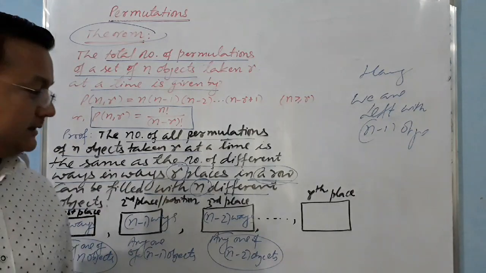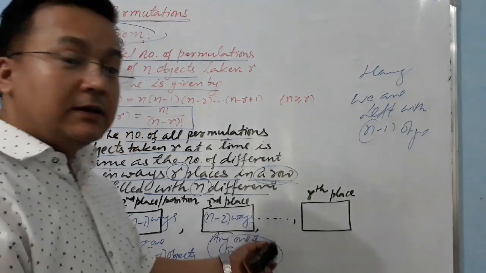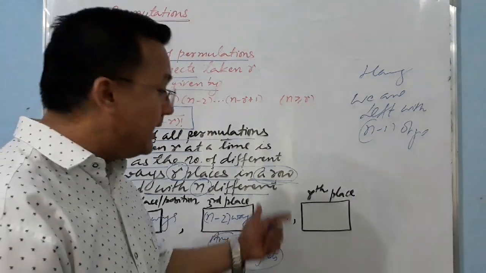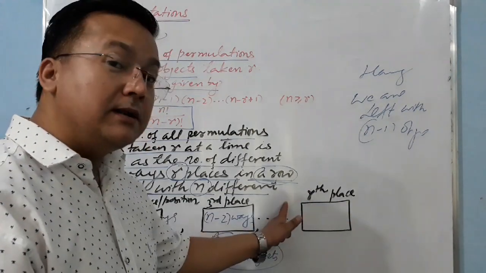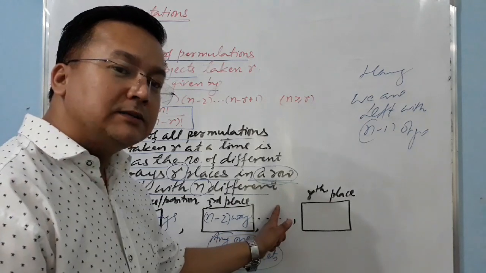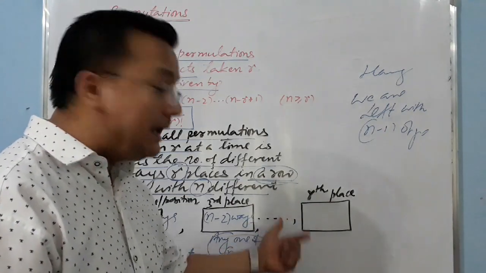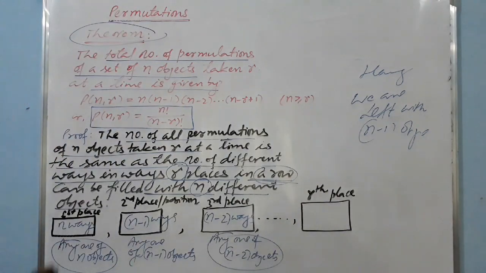Now let's see, having filled up r-1 positions, how many objects will be left for the rth place? Let's check.